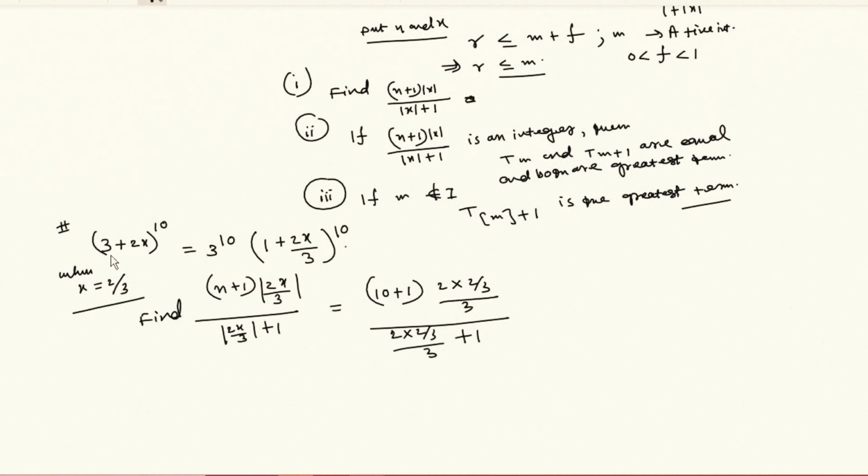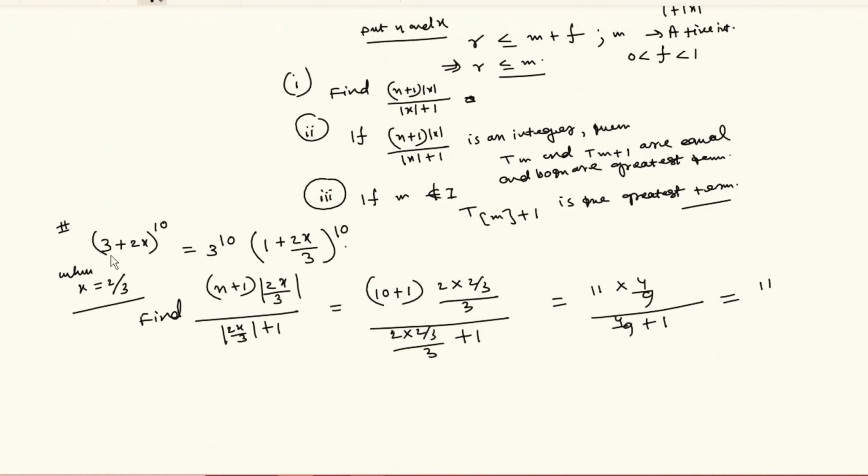Just evaluate this. This is going to be 11 into (4 by 9) by (4 by 9 plus 1). We'll get some funny result, because here this is going to be a fraction, no? And it is quite obvious that the first term will be the greatest one, because it is giving us 3 to the power 10.